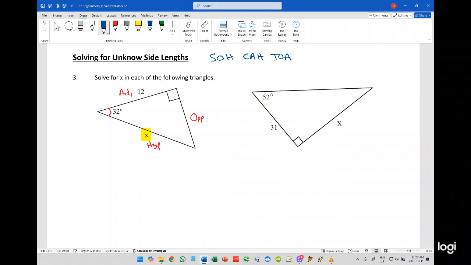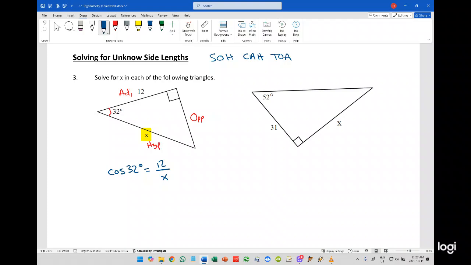SOHCAHTOA, and I ask myself, which of those three trig ratios, sine, cos, or tan, has an adjacent and a hypotenuse in it? And that would be the second one, cos. So I set this up as cos of 32 equals the adjacent divided by the hypotenuse. Now this one's a little trickier than sometimes they may be because the unknown is on the bottom of the fraction, but that's okay.